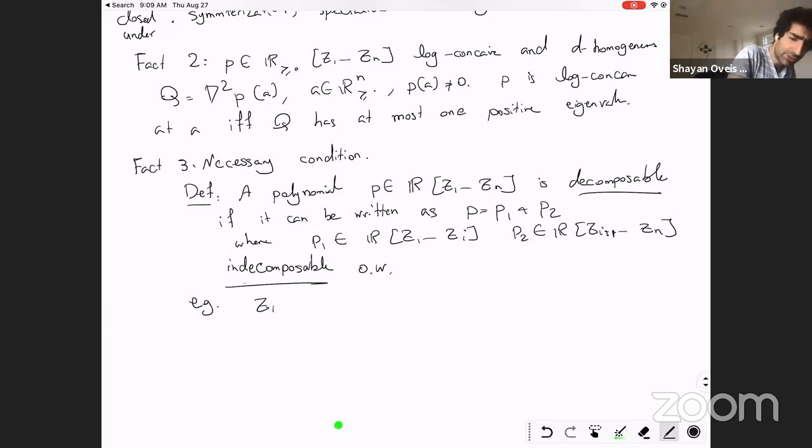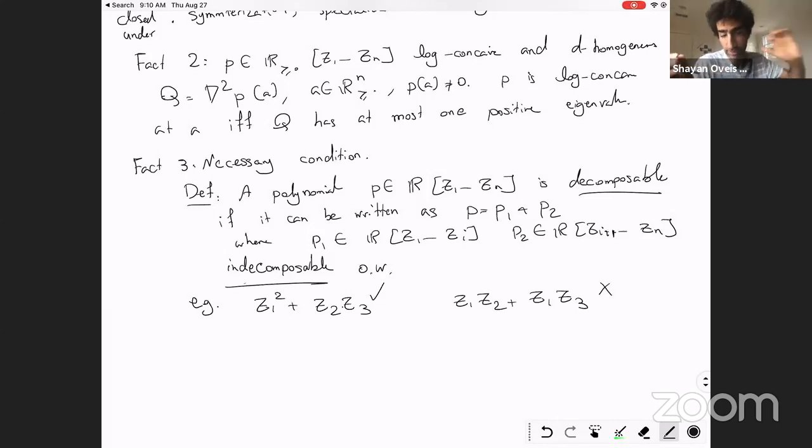One is Z1 squared plus Z2 Z3. The other one is Z1 Z2 plus Z1 Z3. Which one is decomposable? The first one is decomposable, the second one is indecomposable. Because the first one you can divide into the part completely based on Z1, and the part based on Z2 and Z3. The second one you cannot decompose.